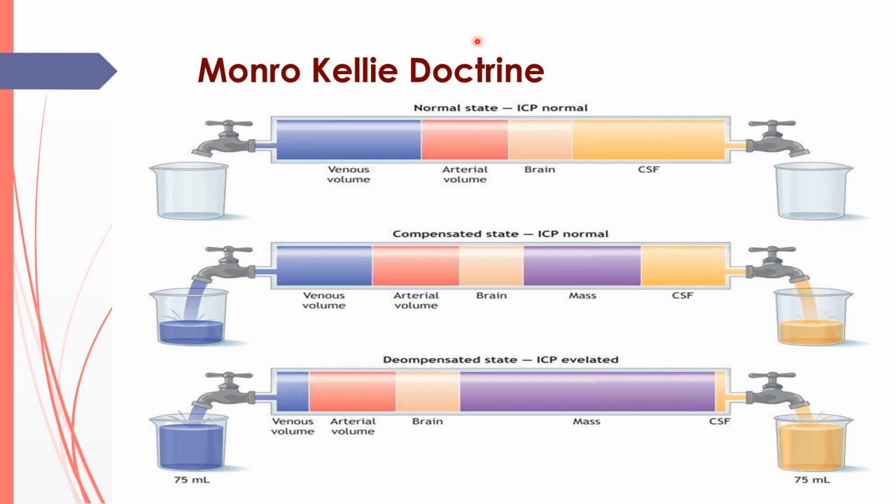The cranial cavity normally contains a brain weighing approximately 1400 grams, 75 milliliter of blood, and 75 milliliter of CSF. Because the brain tissue and the spinal fluid are essentially incompressible, the volume of the blood, spinal fluid, and the brain in the cranium at any time must be relatively constant.